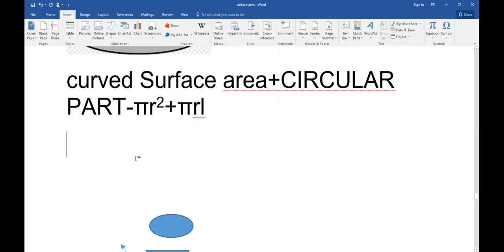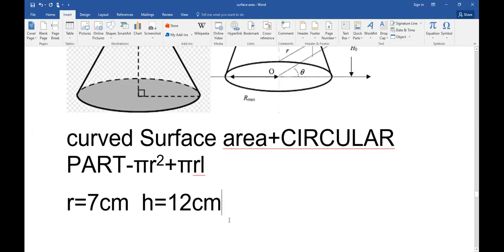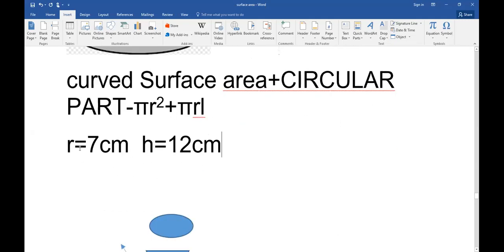Let's say the radius of the cone is equal to 7 centimeters, and the height of the cone is equal to 12 centimeters. So find the surface area of this cone. Radius of the cone 7 centimeters, height 12 centimeters.